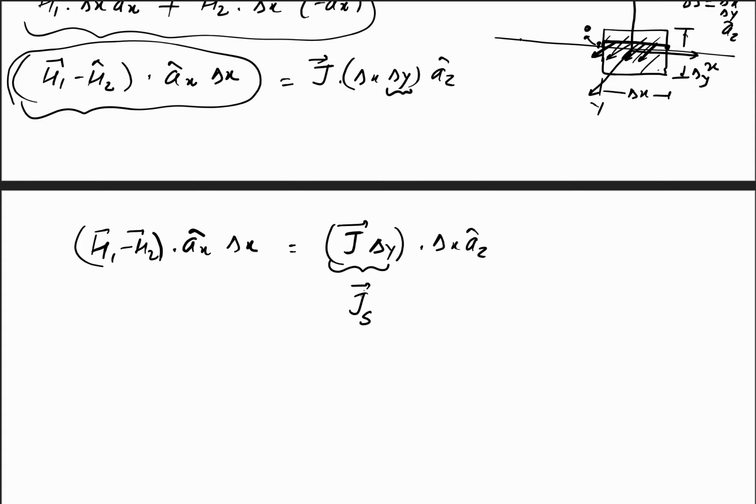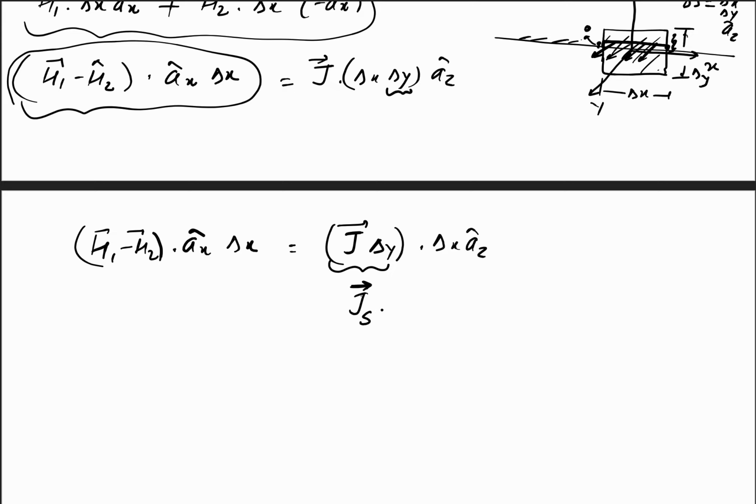Only in a perfect conductor can current flow just on the skin, the top skin. Otherwise, if there is a normal conductor, current will have to flow in a small non-zero thickness, so there will always be a volume current density instead of surface current density. So you should always remember that surface current density can only occur in perfect conductors.